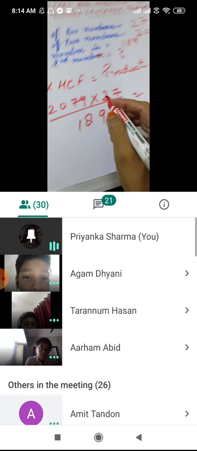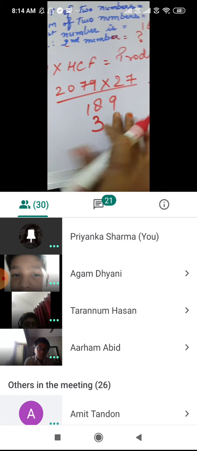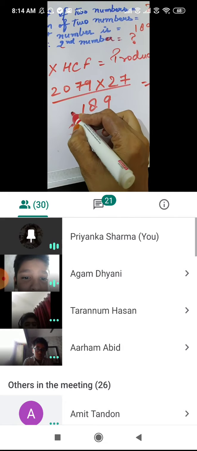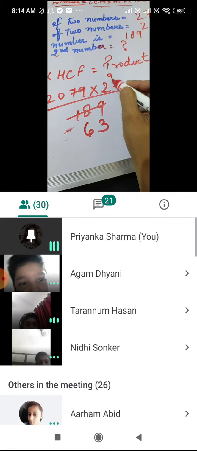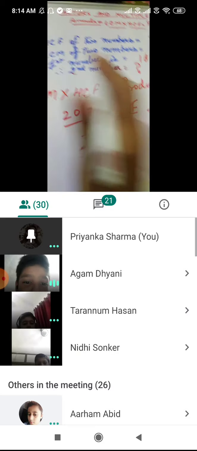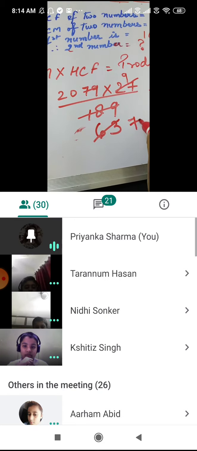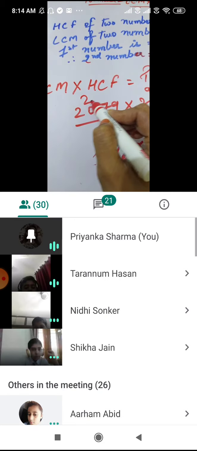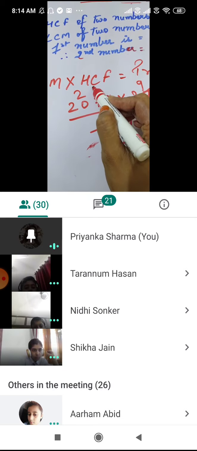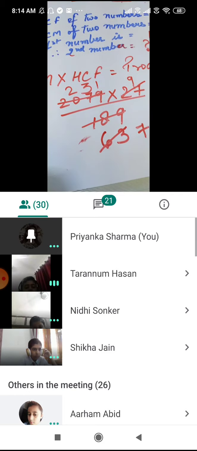Now cancel it. 3 sixes are 18. 3 threes are 9. 3 nines are 27. Now 9 sevens are 63. 9 twos are 18, 2 is left, 27. 9 threes are 27. 9 ones are 9.